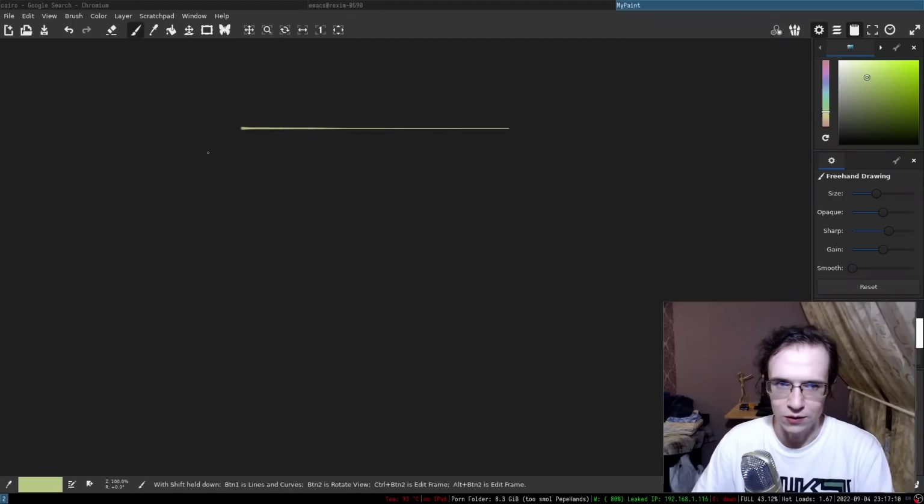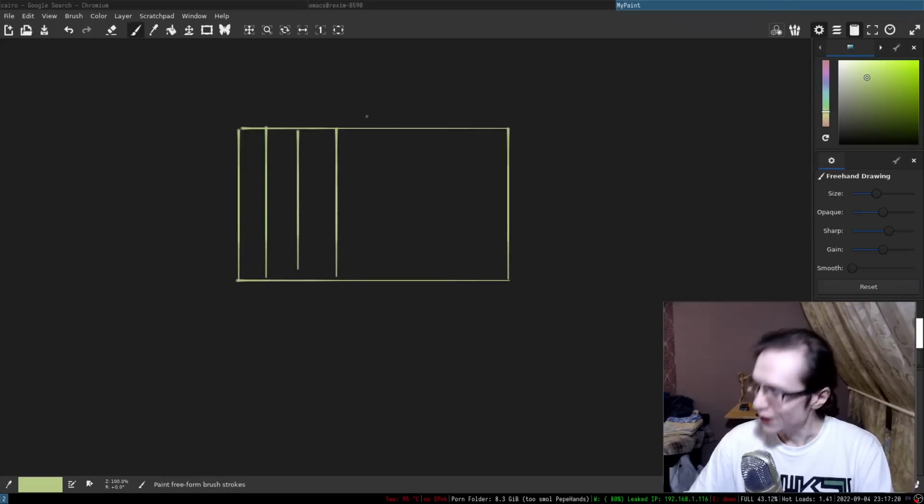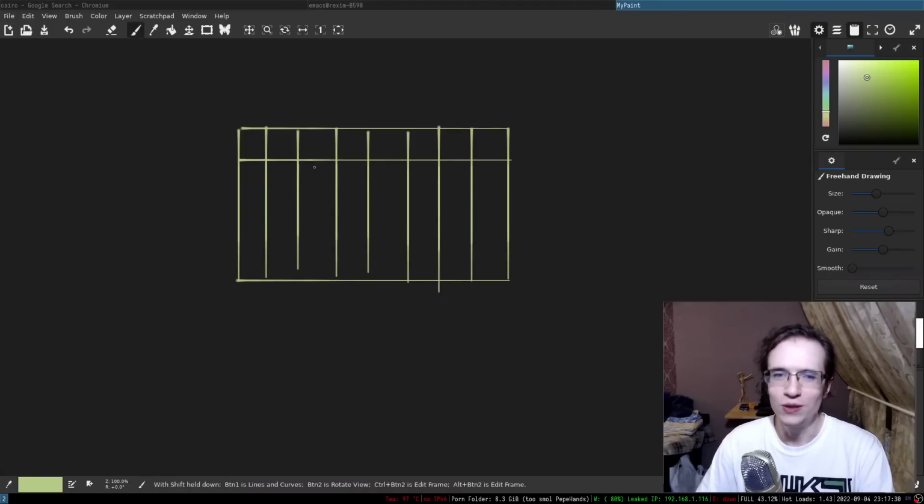So let's take a look at the imaginary screen. Every time I need to draw a grid, it's usually a huge pain because I have to slowly do that like that. Slowly and painfully drawing each and individual row.